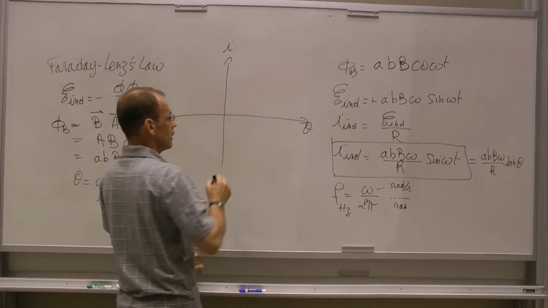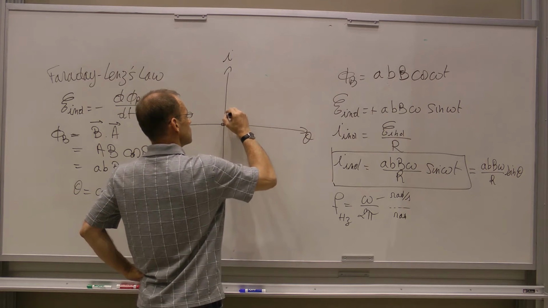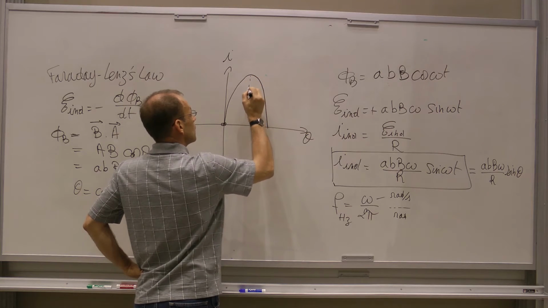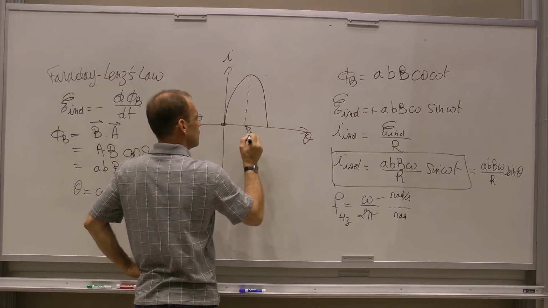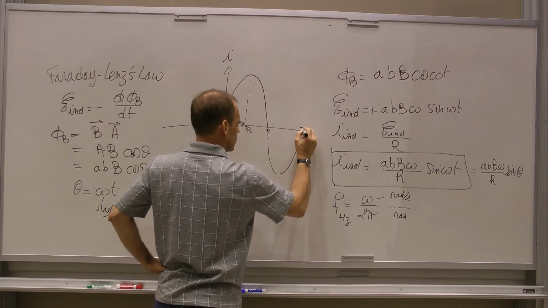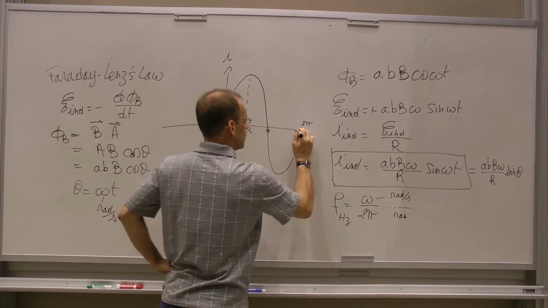Obviously at theta equals 0, the current is equal to 0, and then it becomes maximum at pi over 2, and comes down. It becomes 0 at pi, and then of course it continues on for the full period. We're back to 0 at 2 pi right here.